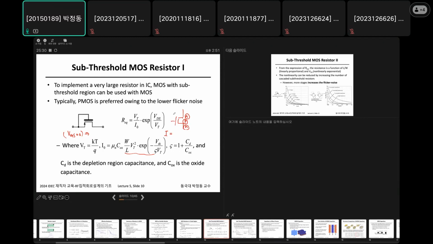Also, since there is no channel at all, there exist two capacitors: one is Cox, the other is the depletion capacitance CD, the depletion to body capacitance. Therefore, this is just NPN, and this is just voltage division, something like this.